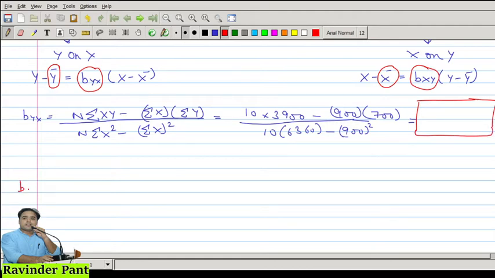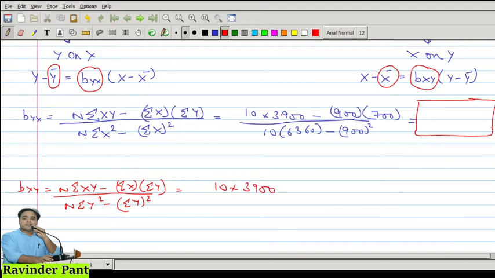Second, let us find out the value of bxy. So meanwhile you find this value, I will solve for this bxy. This bxy is same, the numerator is not going to change, just there is a change in the denominator: n summation y square minus summation y whole square, and we put the value here as 10 into 3900.